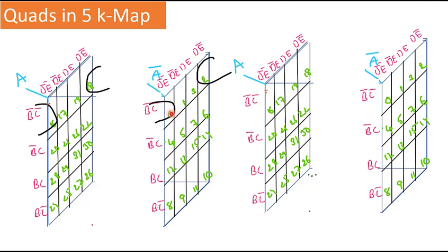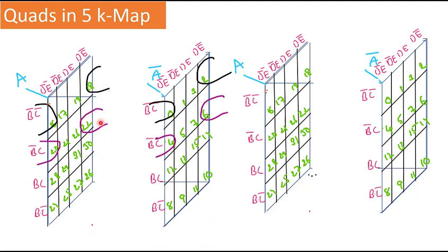And if you look here, this is B bar C bar D E bar, and this is B bar C bar D bar E. If you look at the minterms, D bar E and D E bar, that means your D bar is getting complemented to D. In this case also, your D bar E bar to D E bar, that means your D bar is getting complemented to D. That means when you form the quad formation here, you are going to eliminate A as well as D. You are going to end up with B bar C bar E bar as the term for this particular quad formation.